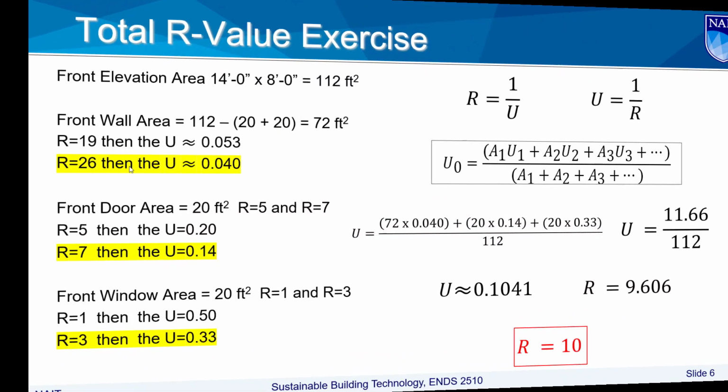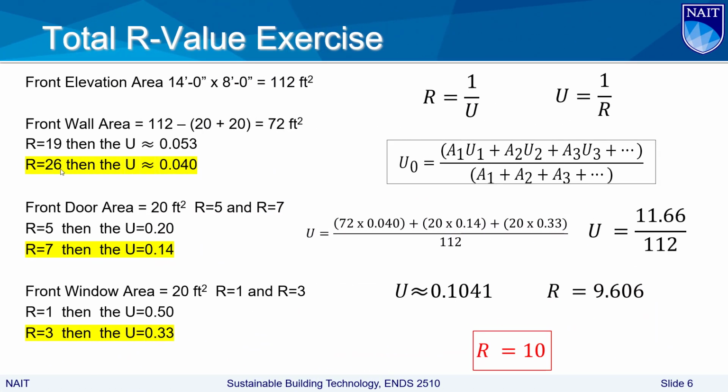Now, in this scenario, we have a substantial addition to the R value for the wall. Here is the U value for that R26. I put this nomenclature here just to show you this is an approximate number. We won't go to 3 digits of fraction in calculations, but just to give you a heads up, this is rounded.